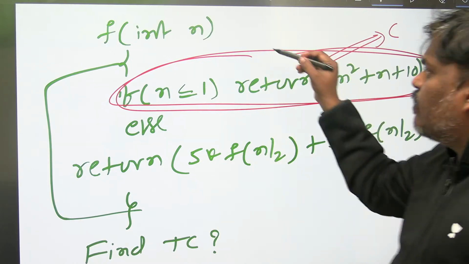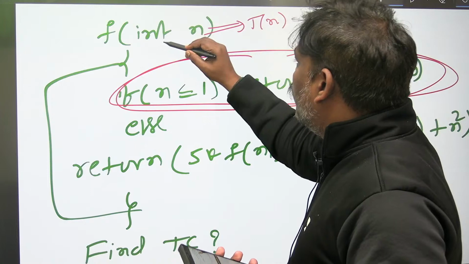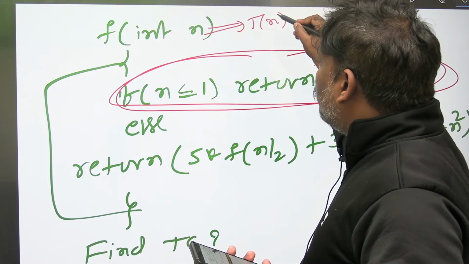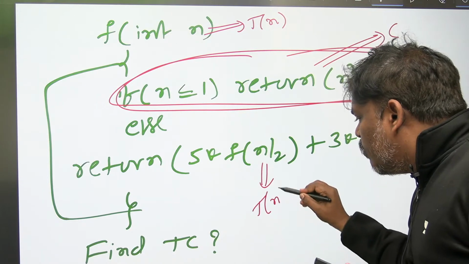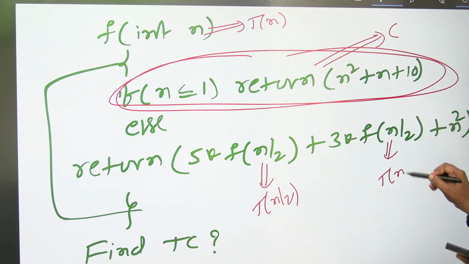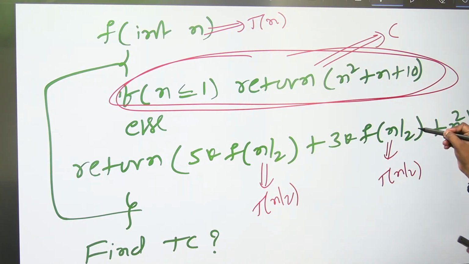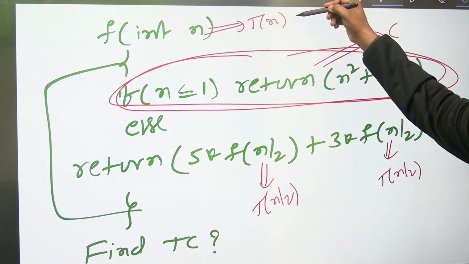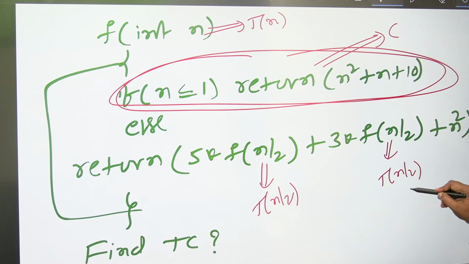Now listen. f of n has time complexity T(n), so if you assume f of n by 2 has time complexity T(n by 2), and there are two such calls.